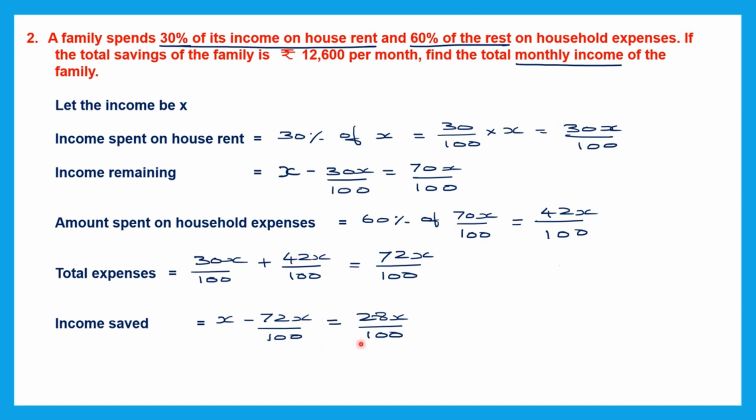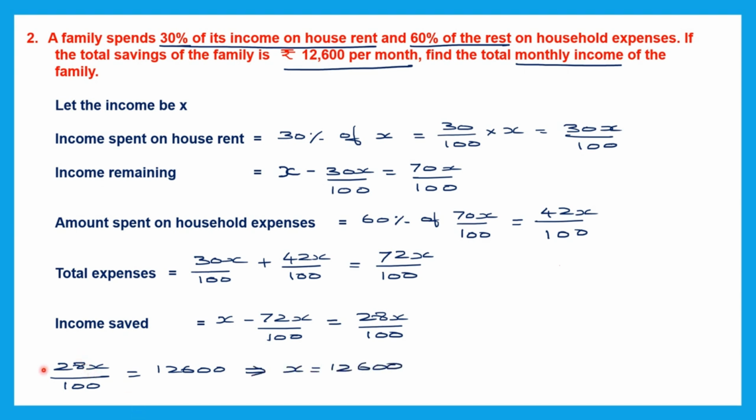So here 28x by 100 is the saving, and we are also given the savings amount here, that is 12,600. So 28x by 100 is equal to 12,600. Now we can find the value of x. We can say x is equal to 12,600.